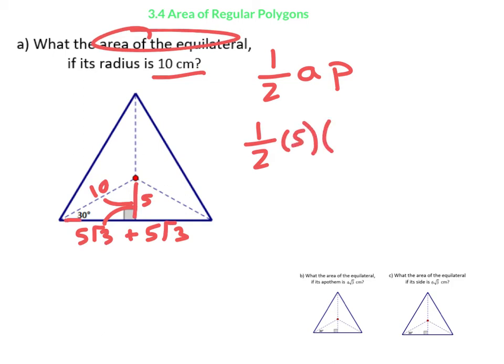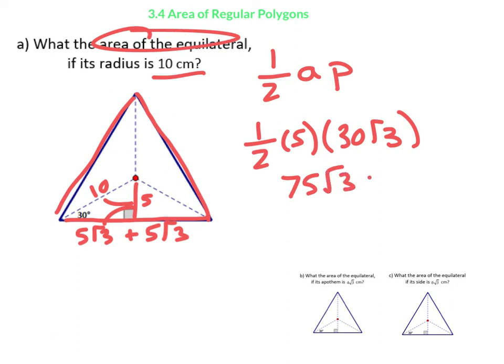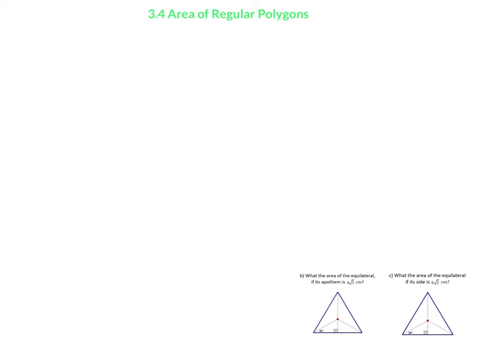And my perimeter is 10 root 3, 10 root 3, and 10 root 3, which is 30 root 3. And when I do the math on that particular item, that of course is 75 root 3 centimeters squared, and that is approximately 129.90 centimeters squared. And that's all we do, right, is just apply those relationships.